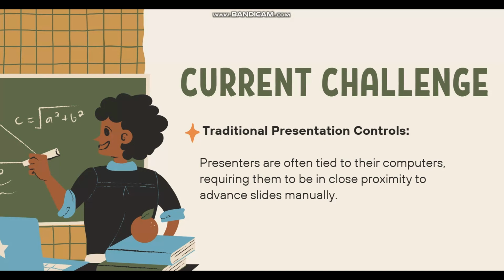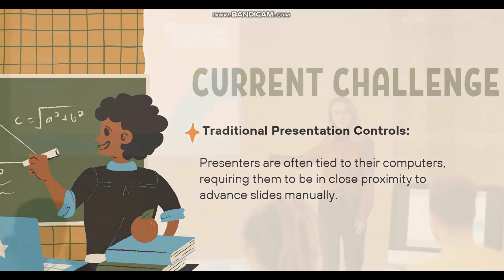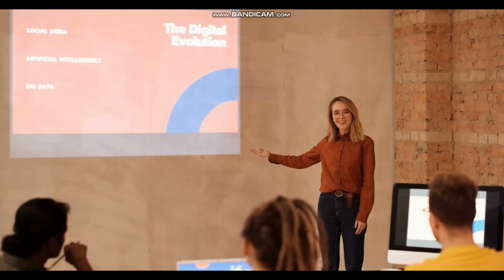This may reduce the flexibility of the speaker to move throughout the room. That's one of the challenges. Whenever they want to move to the next slide, they have to go closer to the PC, so they are limited to a small environment. This presenter is limited to staying at the front near the PC and cannot fully move because of this limitation.